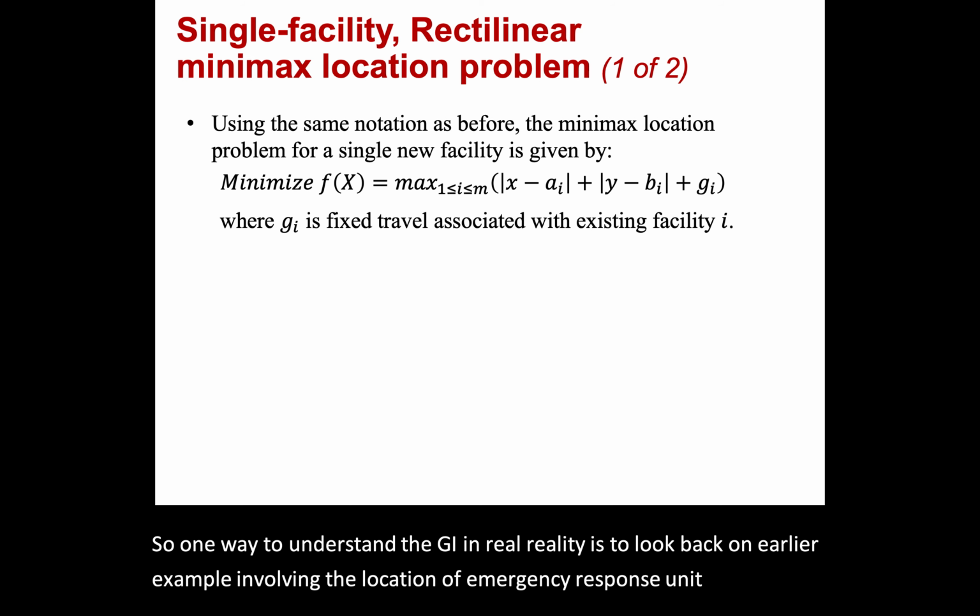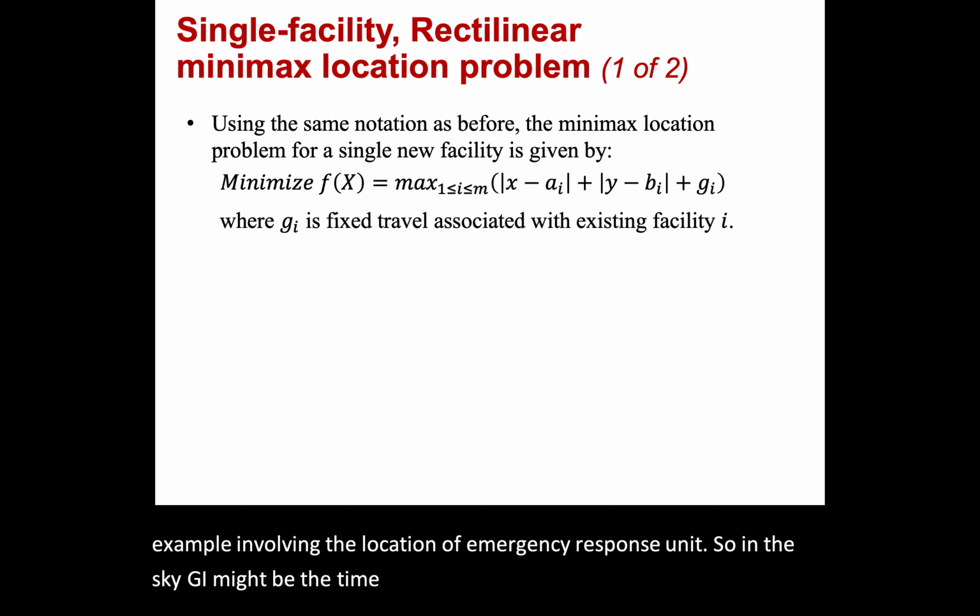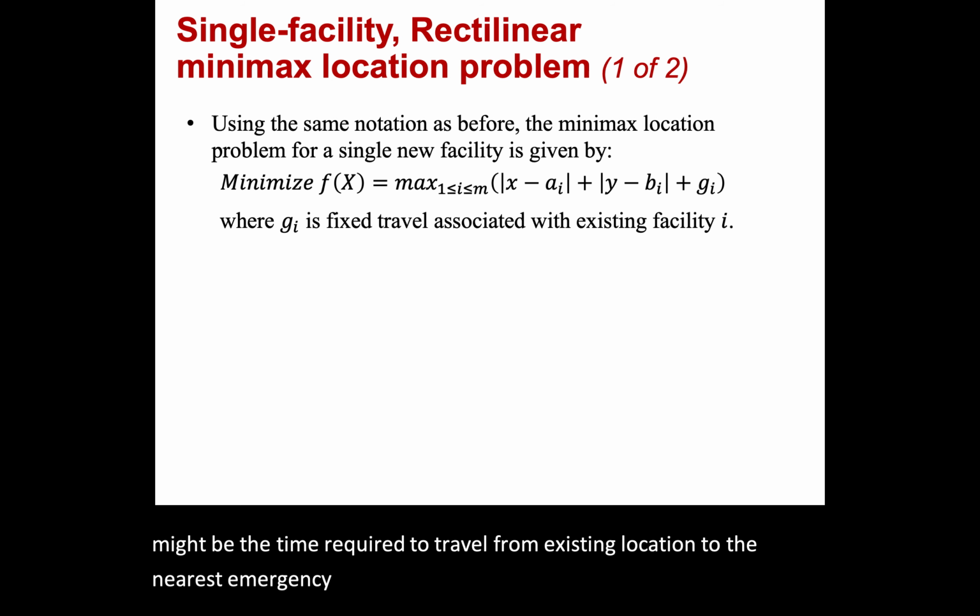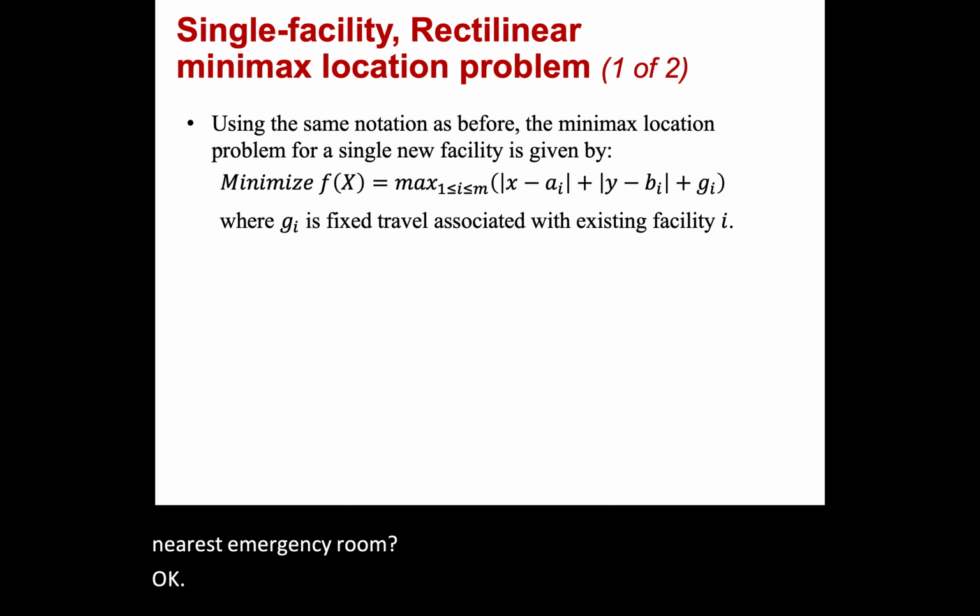In that case, gi might be the time required to travel from the existing location to the nearest emergency room. So gi here is actually the fixed travel, which is the time or the cost to travel between the existing facility location and the new facility.